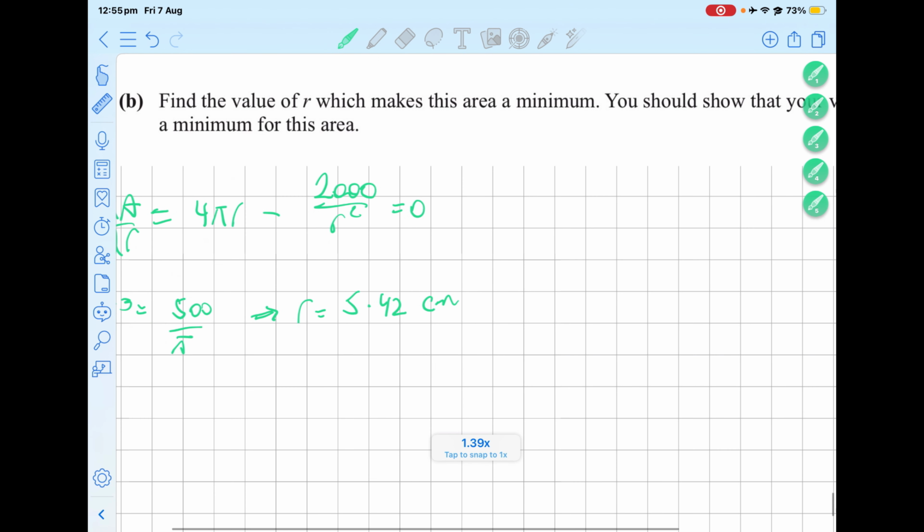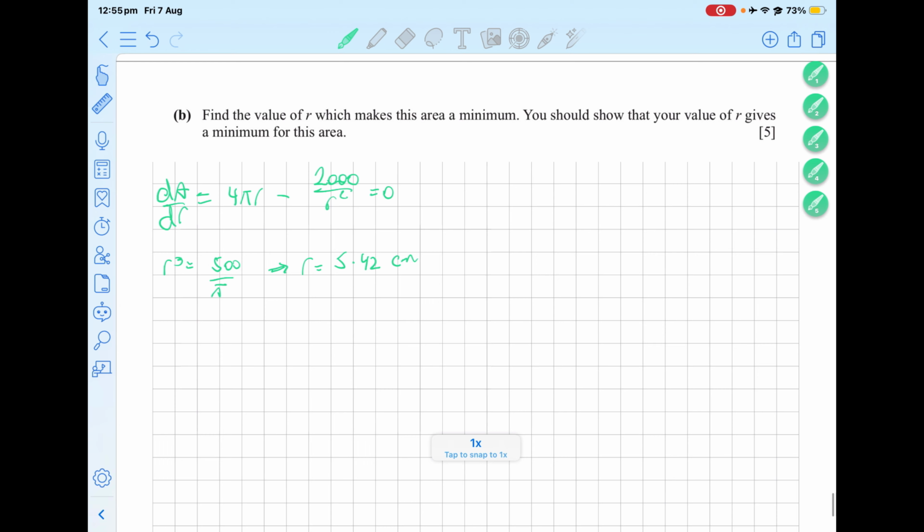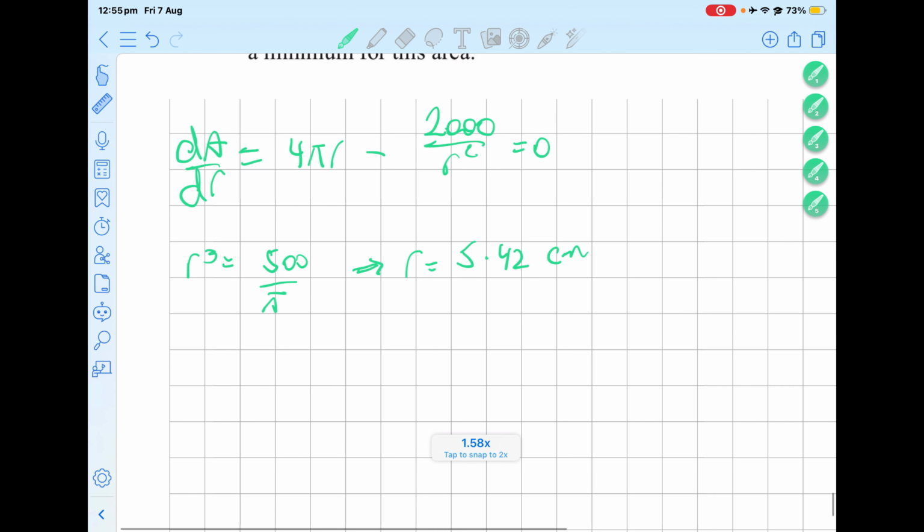So what is it that makes this thing a minimum? Well, since we want it to be a minimum, we will do d squared A by dr squared, which will be 4000 over r cubed.